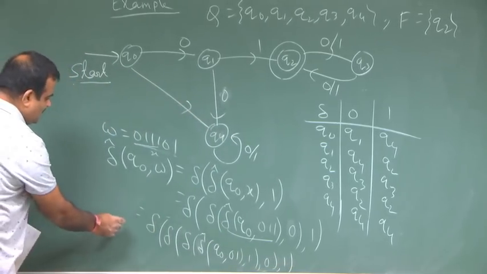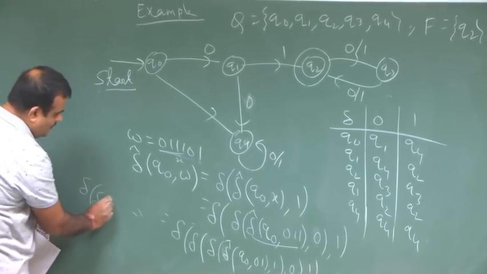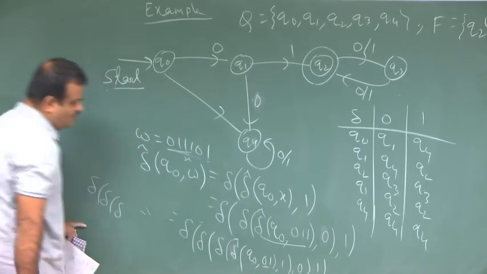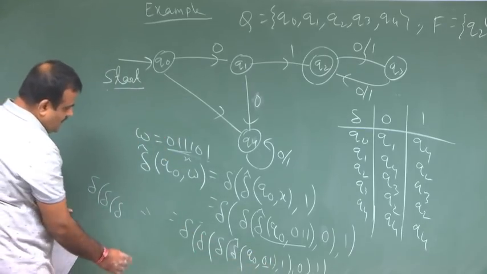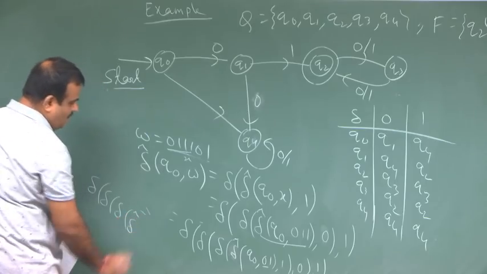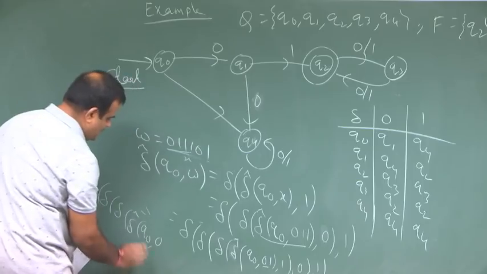Now, we have only one symbol left, so we can define it just on delta hat of q0, x.